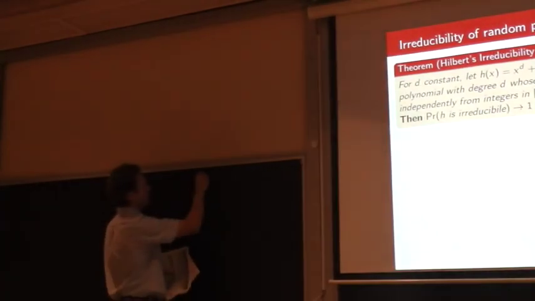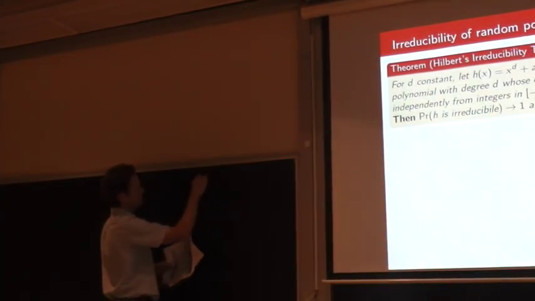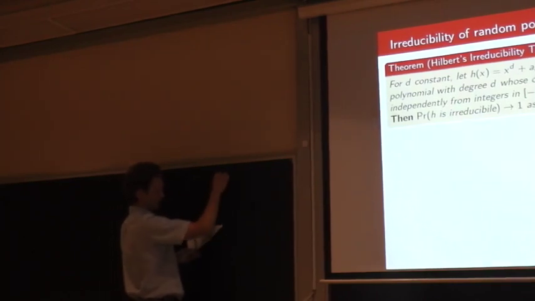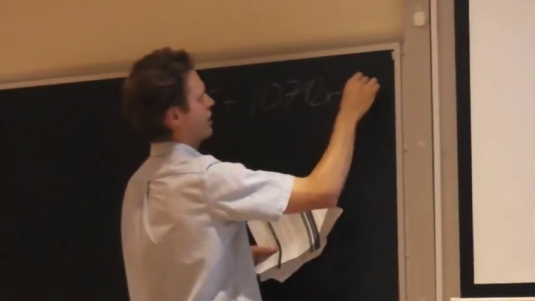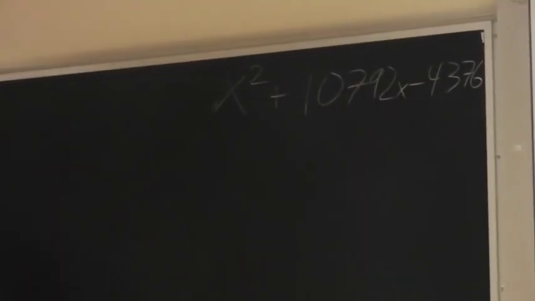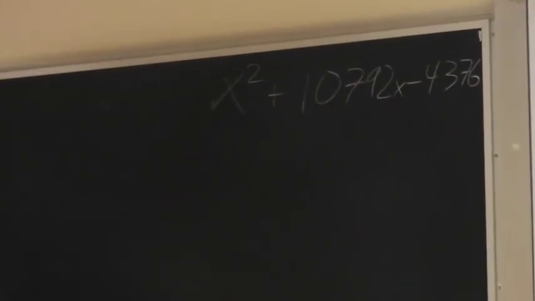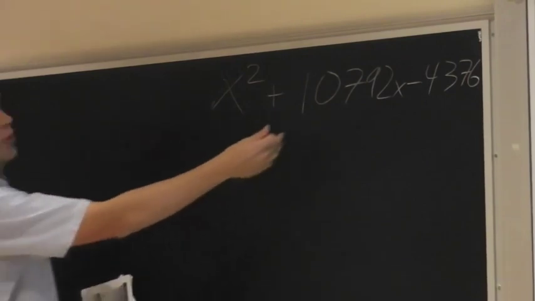So here's an example polynomial. I set d equal to 2 and chose this with some kind of random measure, minus 4,376. Who thinks this is irreducible? Well, if you believe the theorem, the odds should be good, right? These are pretty big numbers.